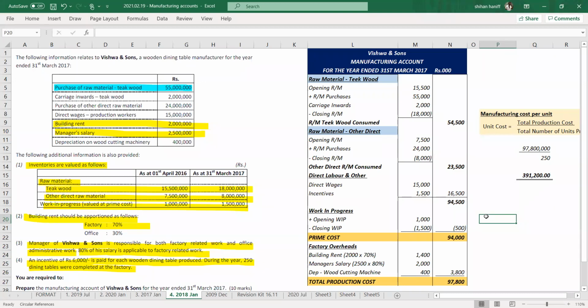And so now we did very basic questions. In the next session, I will be doing some more complex questions and past paper questions related to manufacturing accounts. Any other questions? Any doubts?